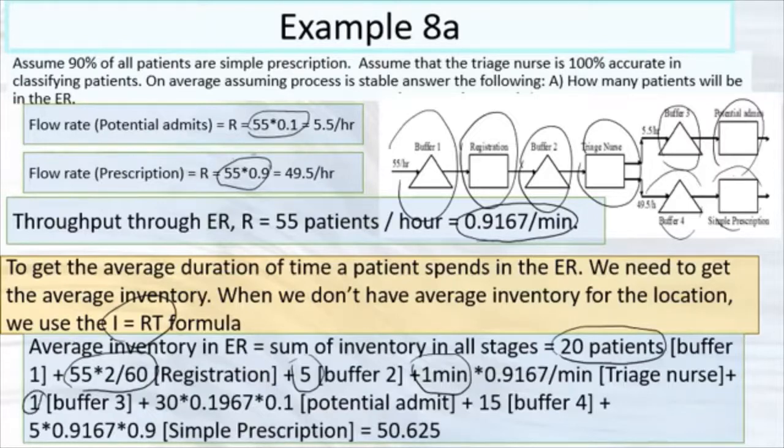For the potential admits, we know it's 30 minutes, so we do 30 times 0.1967 times 0.1, because it's 10% for potential admits. In buffer 4, there are 15 people. For simple prescription, again we have the time and we convert it into an inventory, and then we add all of them up and we get 50.627, the total inventory.